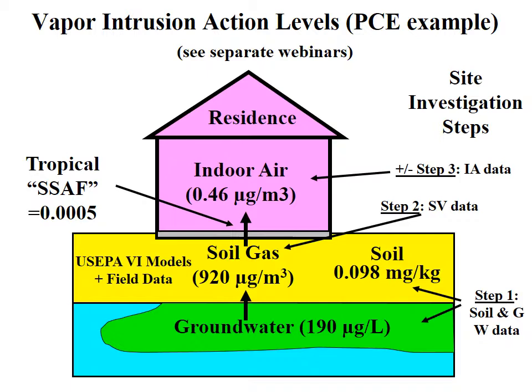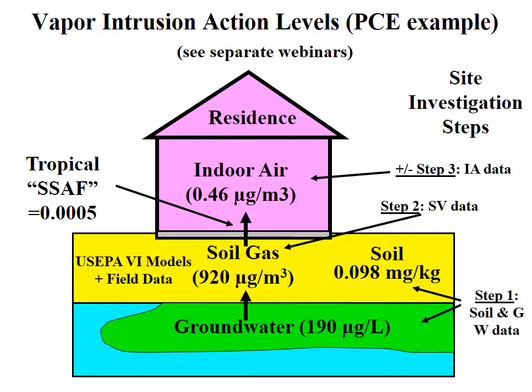In this case, for tropical environments, it's 0.0005, or essentially we multiply the indoor air concentration by 2,000. So this attenuation factor assumes a 2,000-fold attenuation of vapors as they intrude into a building and mix with indoor air, with the indoor air exchange rate continuously bringing in fresh air.